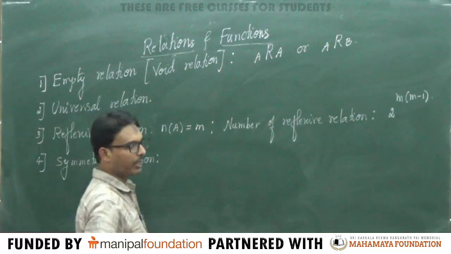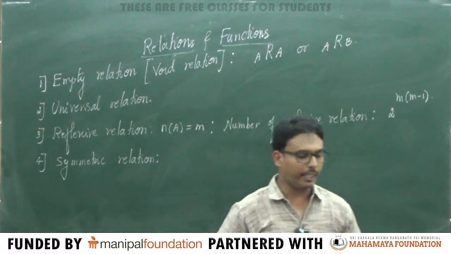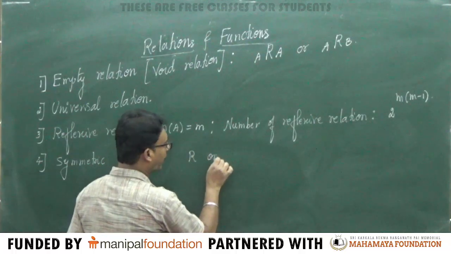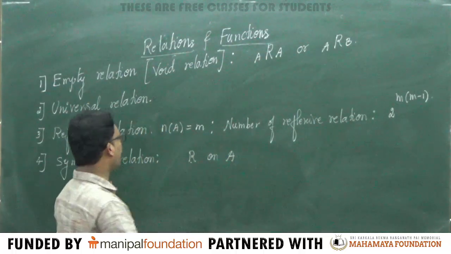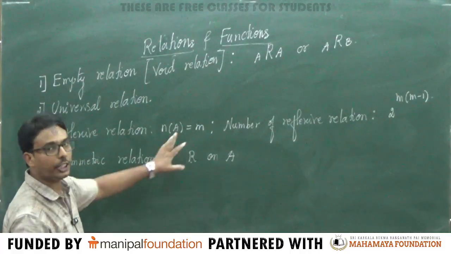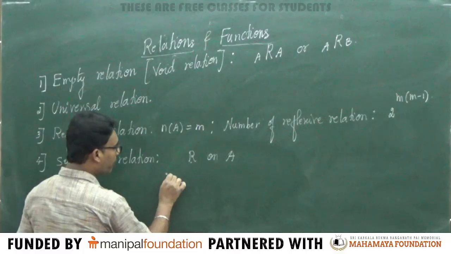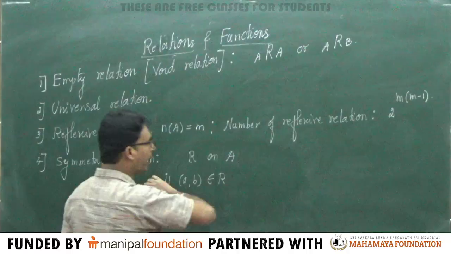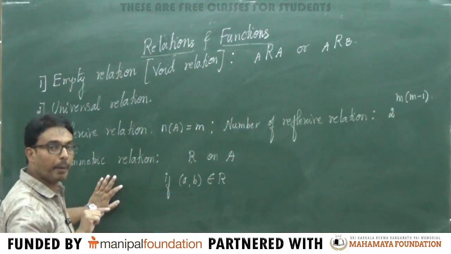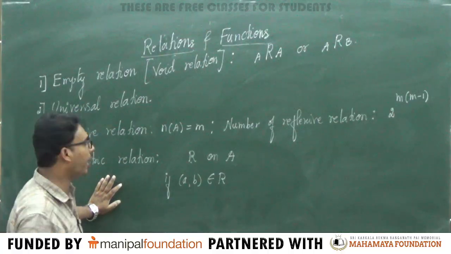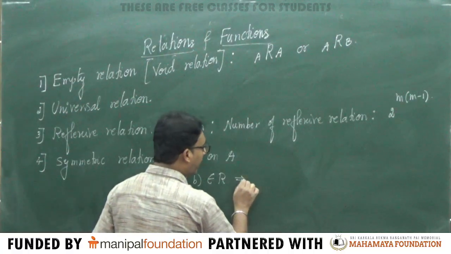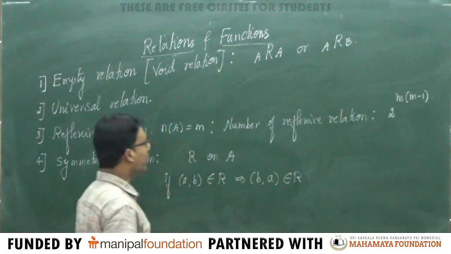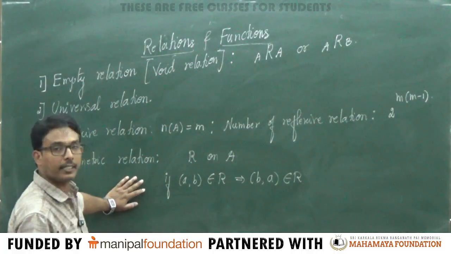Symmetric relation. Let us assume that R is a relation on the set A. The relation R is stated to be a symmetric relation on the set A if the ordered pair (a, b) is already present in the relation R, which implies that (b, a) is also present in the relation R. Then we can say that R is a symmetric relation.